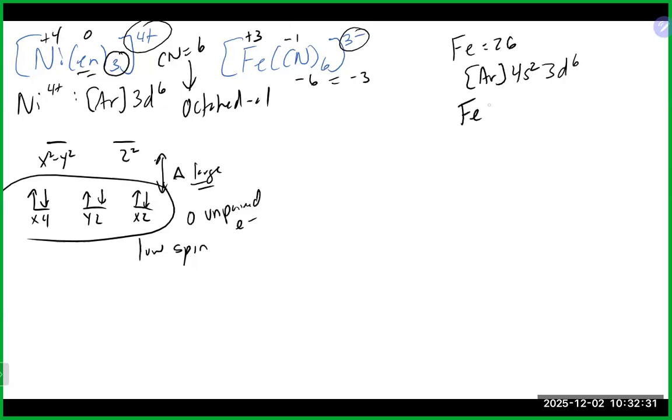Iron here with a +3 charge is going to knock off 3 electrons. Again, we take out those 2, and we only take out one of those, which will leave us an argon 3d5. So those are the 5 d electrons that we have to distribute.